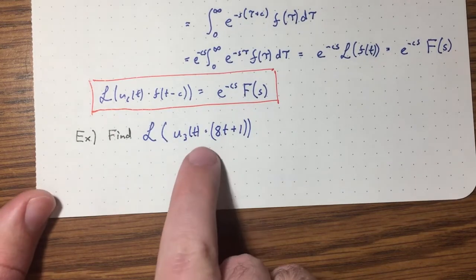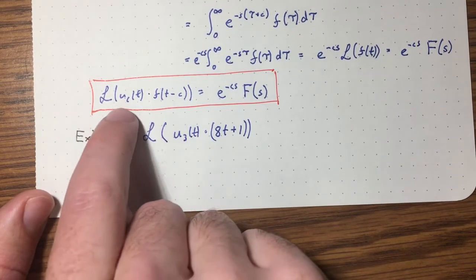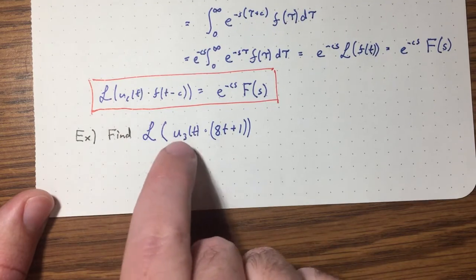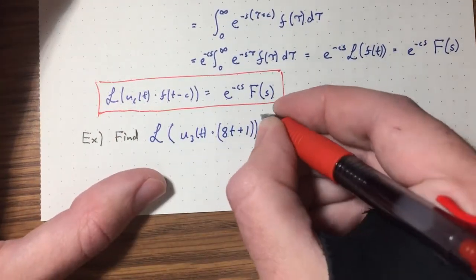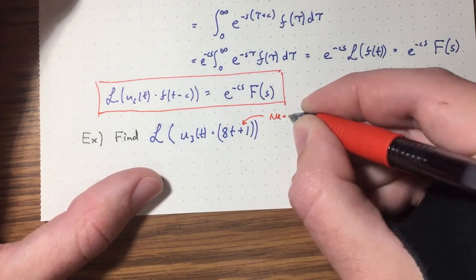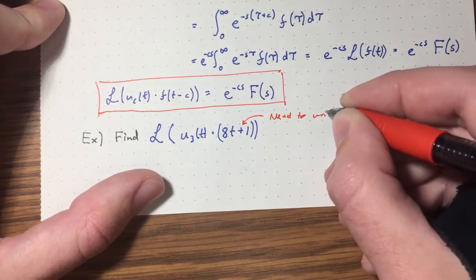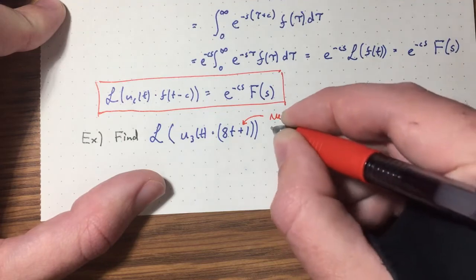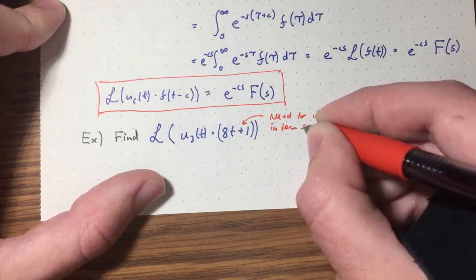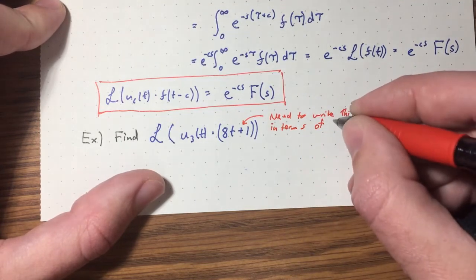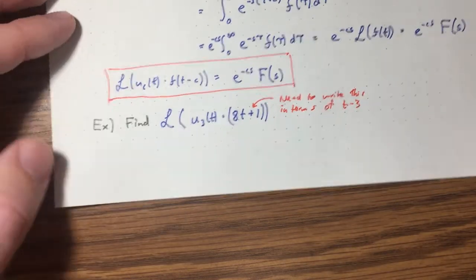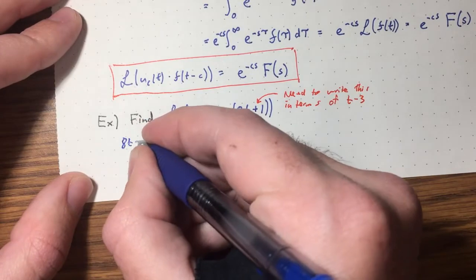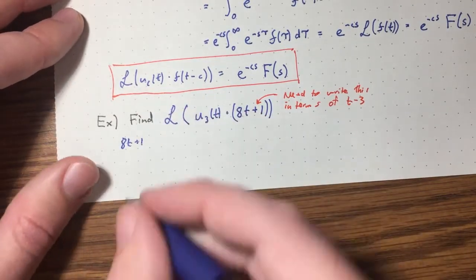Here's what I need to do. I need to write this as u3 of t times f of t minus 3. So I need to write this function in terms of t minus 3, not t. And so 8t plus 1, just in order to use this formula.